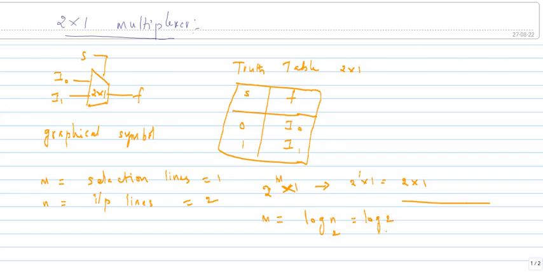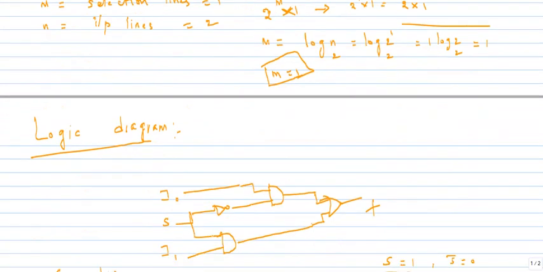For the 2 by 1 mux, 2 power 1 format, so 1 into log 2 base 2. Log 2 base 2 value is equal to 1, therefore we get 1. So in the case of the 2 by 1 mux, we have only one selection line. Okay, this is the criterion. This is the truth table. So this is the logic diagram.